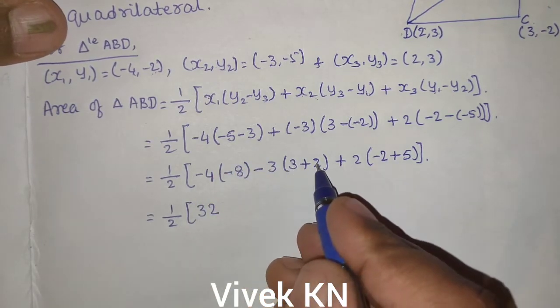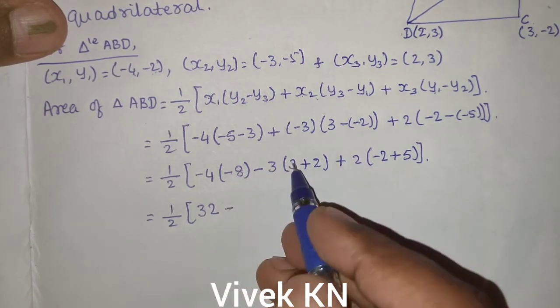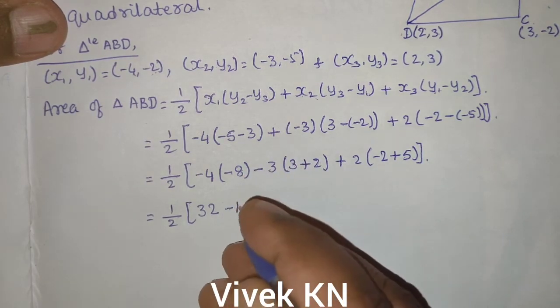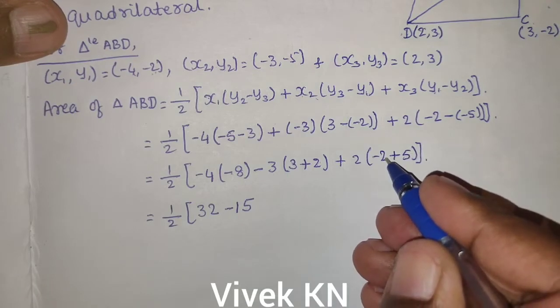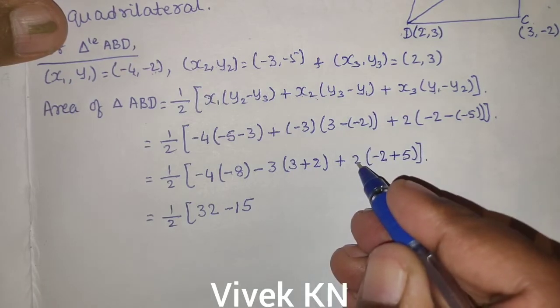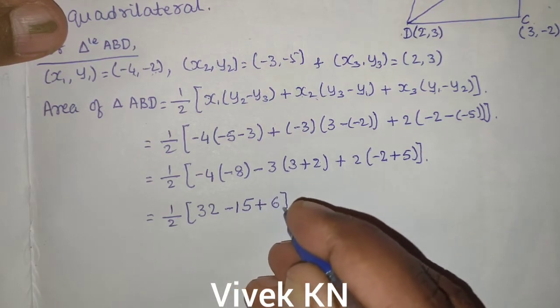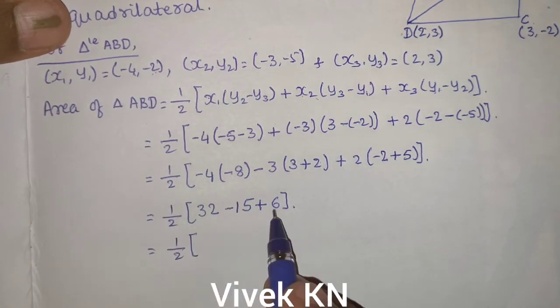Here 3 plus 2 is 5, 5 3s are 15. Here 5 minus 2 is 3, 3 into 2 is 6. It is plus 6, which is equal to 1 by 2 into 32 plus 6 is 38.